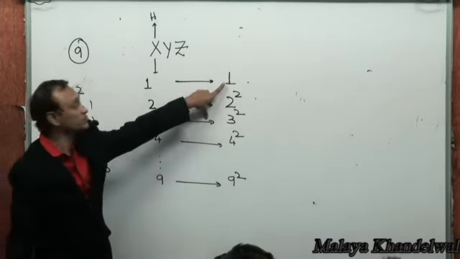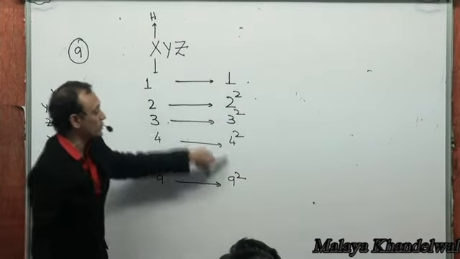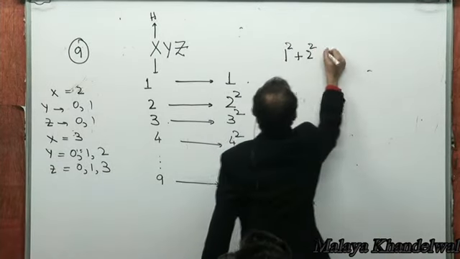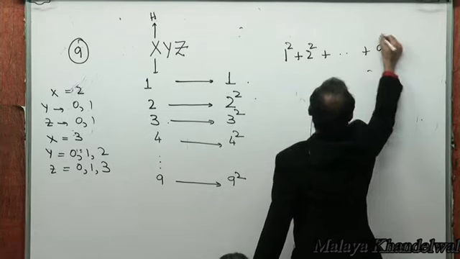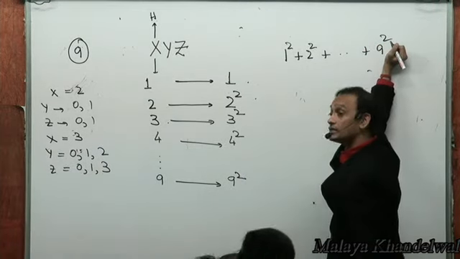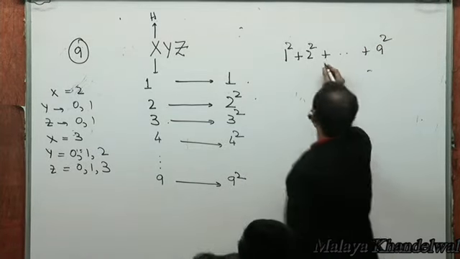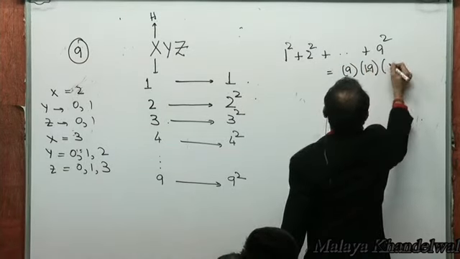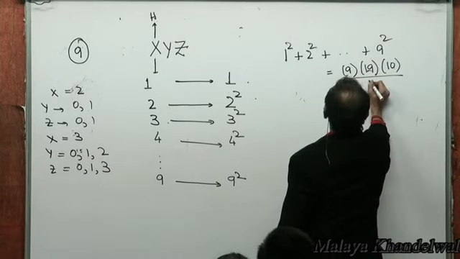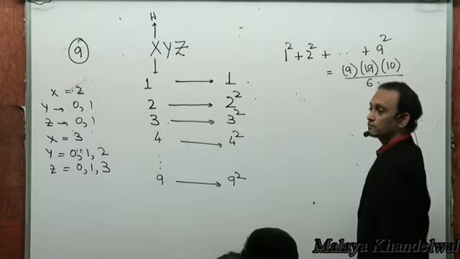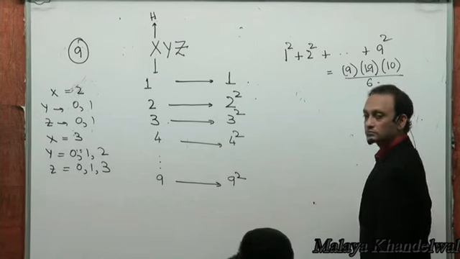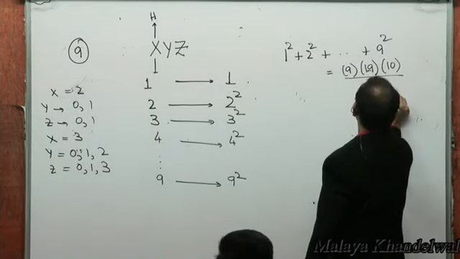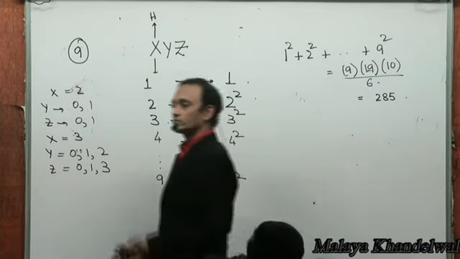So the total number of ways would be 1 squared plus 2 squared plus 3 squared plus 4 squared, up to 9 squared. That is the sum of the squares of the first 9 natural numbers, which is 9 into 10 into 19 by 6. Whatever this turns out to be, 285? 285 ways.